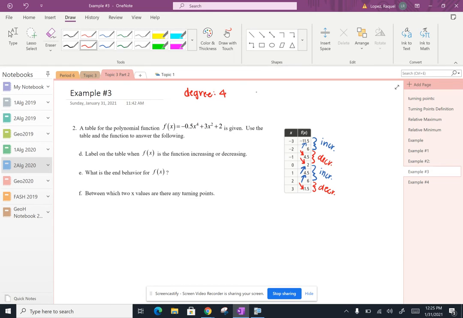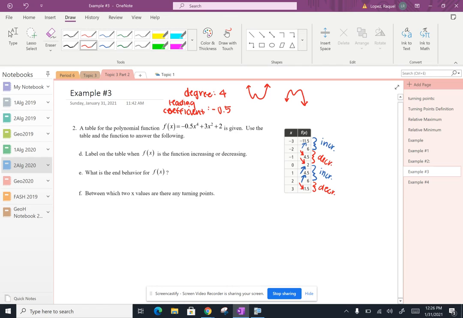So I know that my graph is going to either have 2 arrows pointing in the same direction going up, or 2 arrows in the same direction pointing down, because that's what even degree polynomials look like. The next thing I want to do is identify what my leading coefficient is. The number in front of the term with the highest degree is negative 0.5.